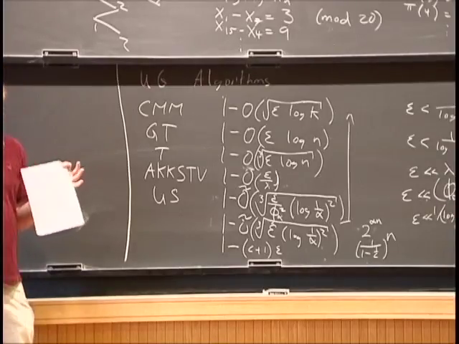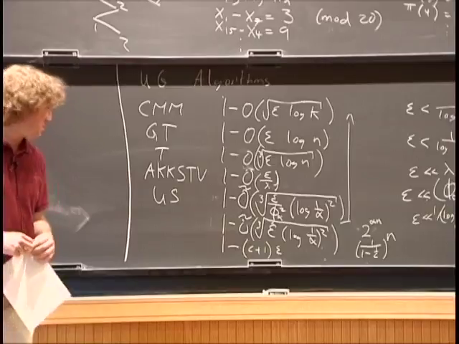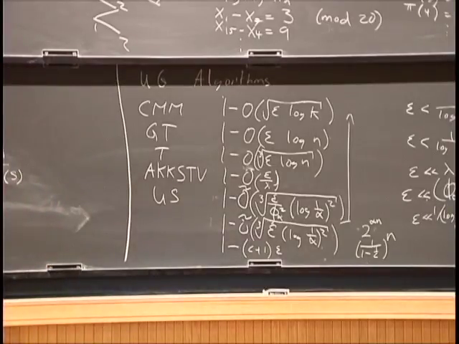So the square may be necessary using any kind of semi-definite program relaxation, which is what we're doing, because there are the integrality gap examples, and I think they have relatively high expansion.